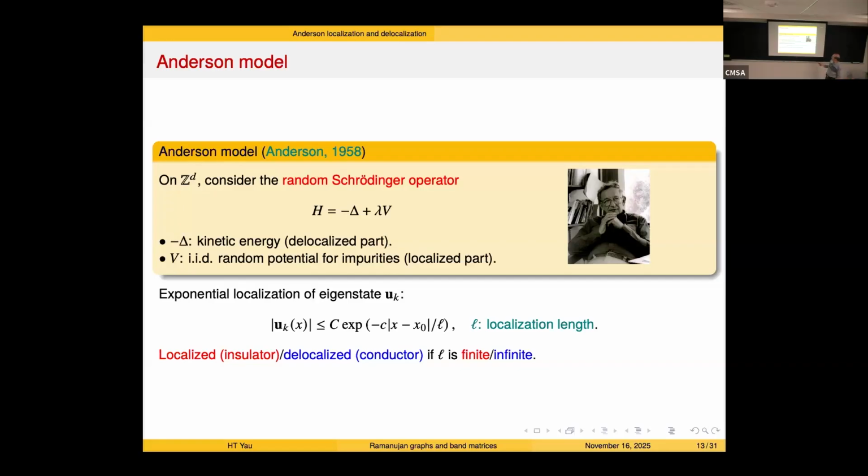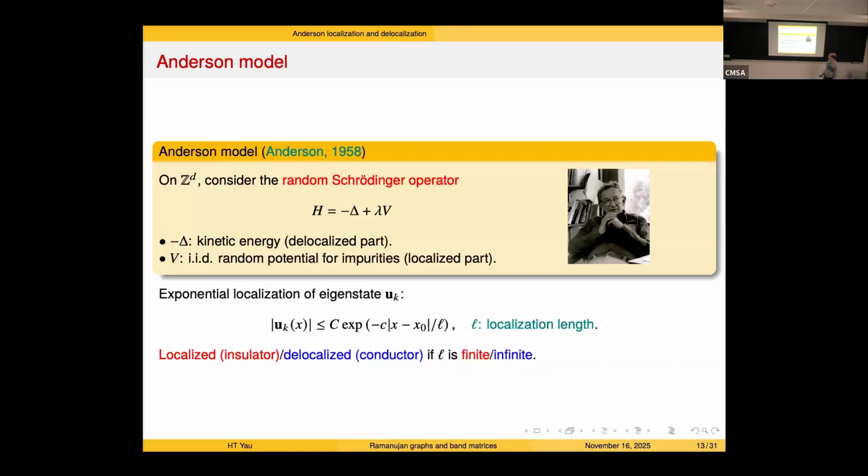But once you turn on the lambda, for lambda large, the eigenvectors will become exponentially localized. There's a center x0 and then an exponential of |x minus x0| divided by L. L is called the localization length.